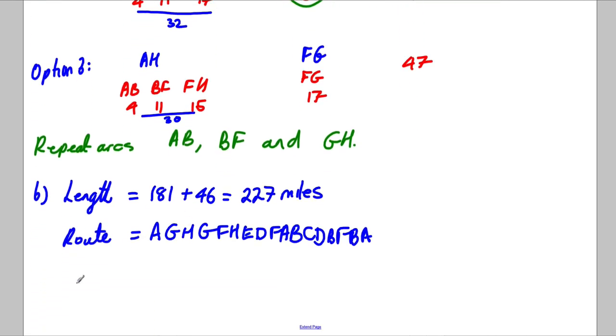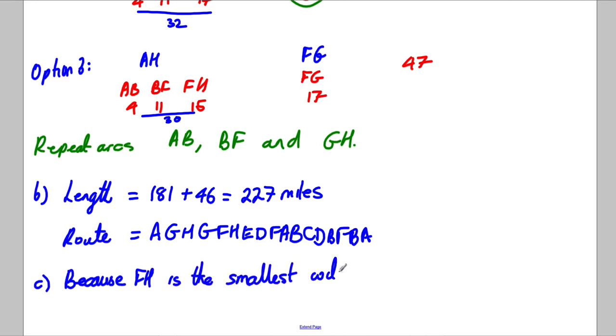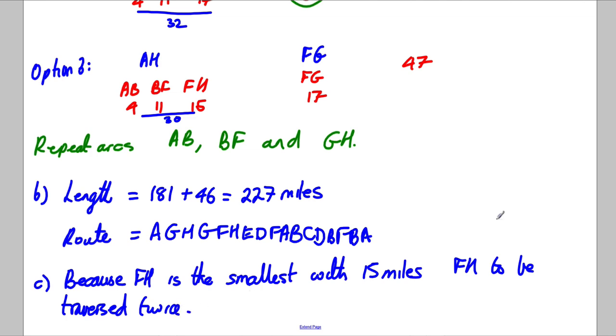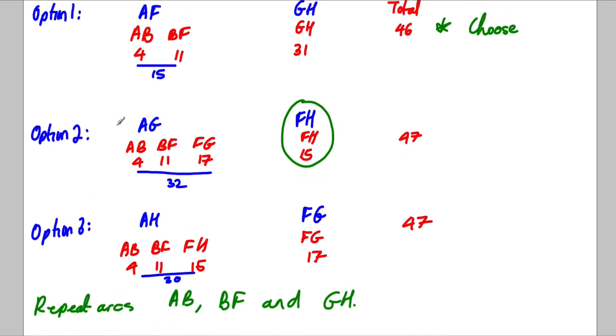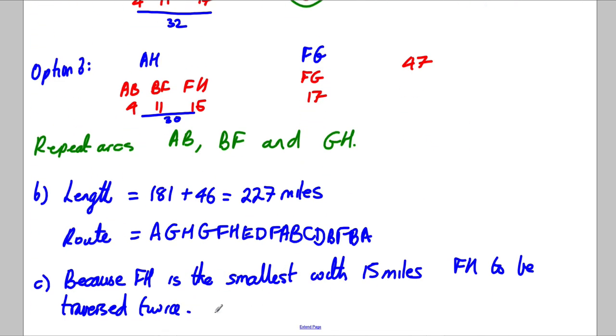So for part C, I'm going to state because FH is the smallest, with 15 miles, FH to be traversed twice. Okay, so this leaves, if you look back here, what does that leave? It leaves A and G odd.